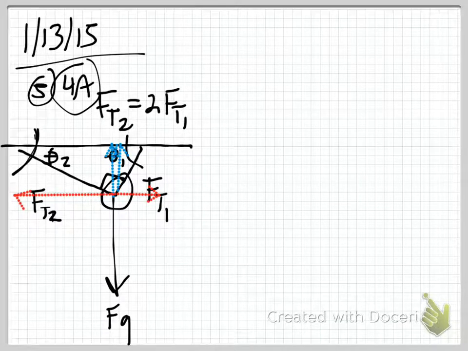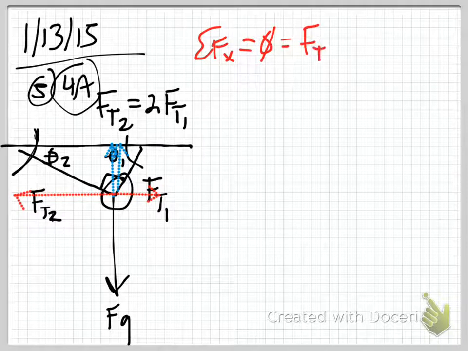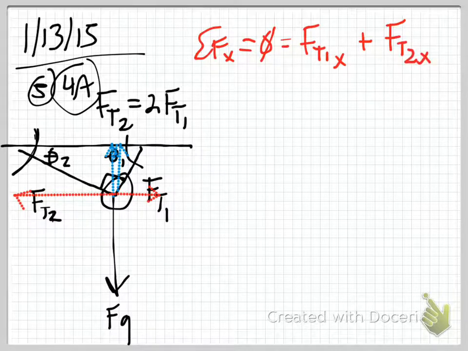Where the x-axis gets real useful is in creating expressions to solve for other things. So sum of forces on the x is equal to 0, because Zorba is not swinging from side to side, and that's equal to the force of tension 1 on the x plus the force of tension 2 on the x. And we know that those things are in opposition, so they're going to be negatives of one another.